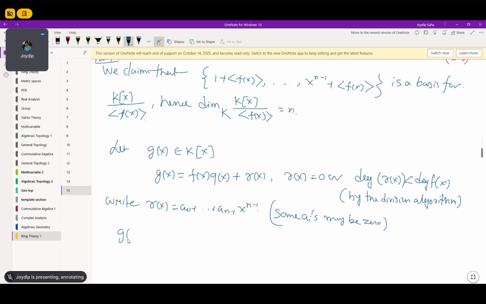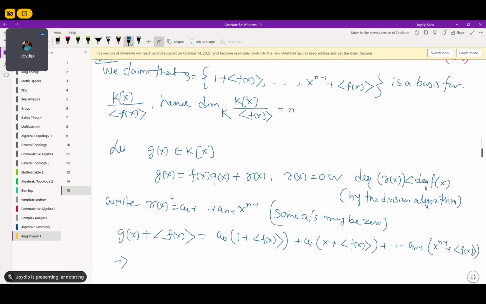But g(x) plus the ideal generated by f(x), the coset, can be written as a0 into (1 plus the ideal) plus a1 into (x plus the ideal) plus up to a(n minus 1) into (x to the power n minus 1 plus the ideal). So the span of S equals K[x] quotient (f(x)).